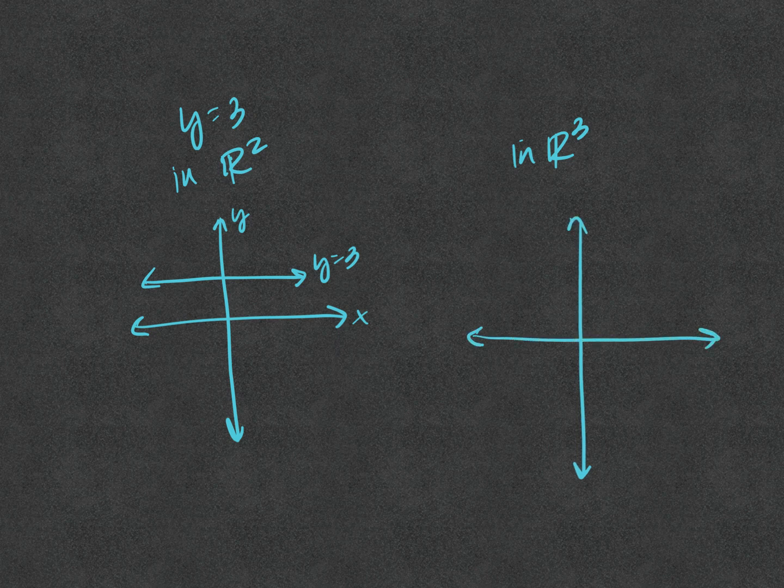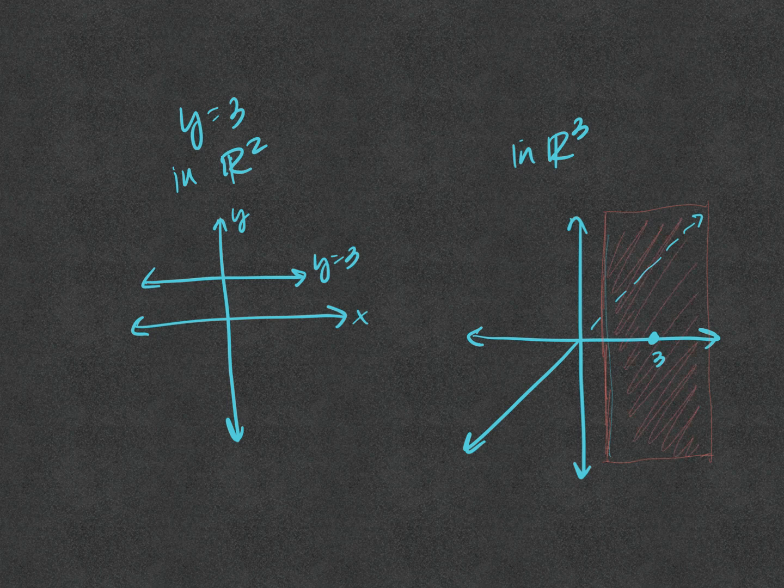what we have is a plane, like a piece of paper, that sits right here through this dot, y equals 3. So we tend to draw it very kind of sketchy. So we're going to draw this plane down and kind of shade it in. So it's a piece of paper that runs parallel to the x-axis, and it goes through y equals 3, because it doesn't matter what x and z are.